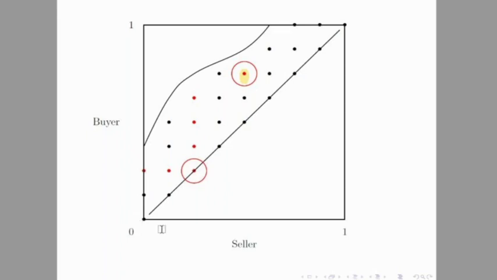So any bargaining procedure would lead to trade. So that means that cannot be the only piece of information that is generated to the agents.